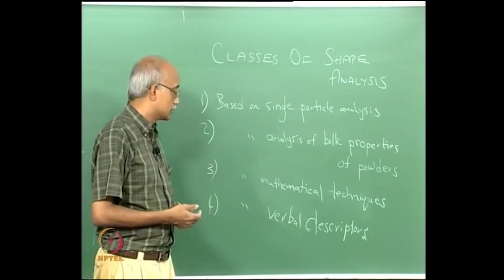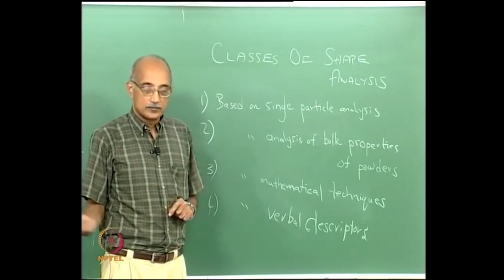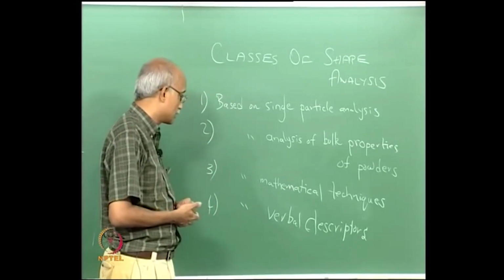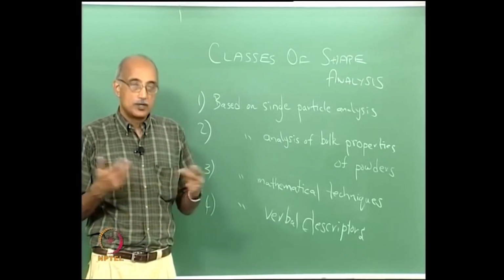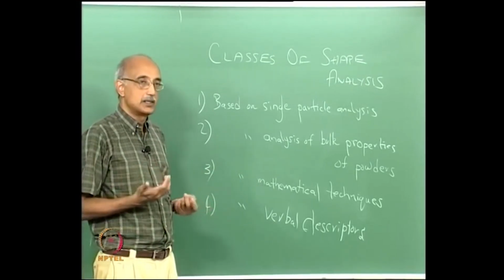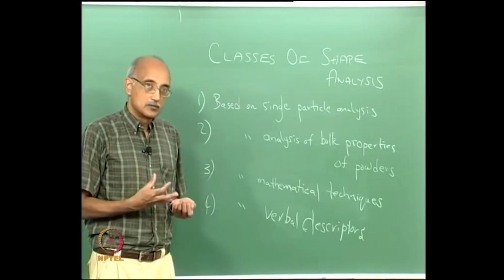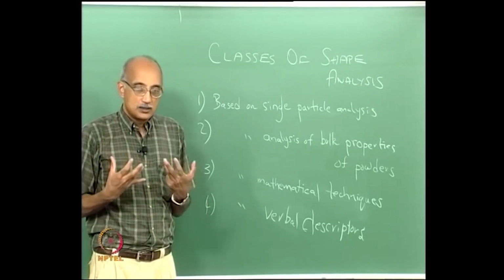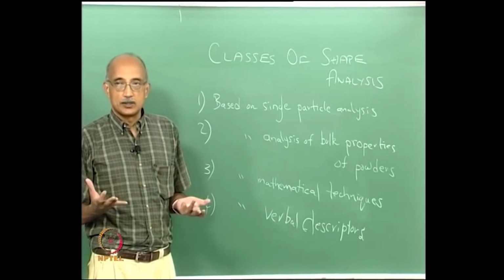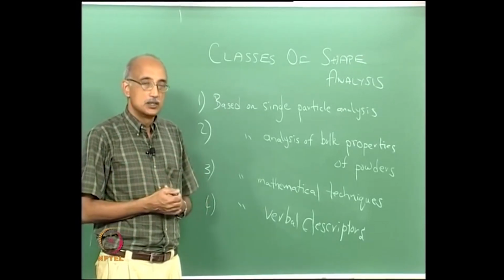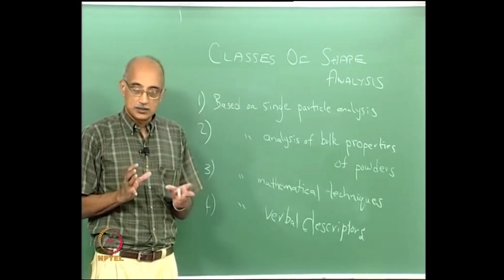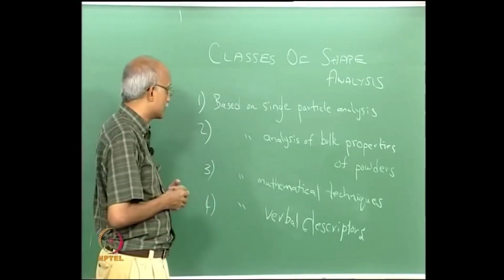The third is the mathematical techniques that we just briefly discussed, and finally somewhat at the other extreme, verbal descriptors. So, essentially a syntactic method of describing particle shape by using rules of grammar, essentially just using English words and terminology to represent various classes of particle shapes.